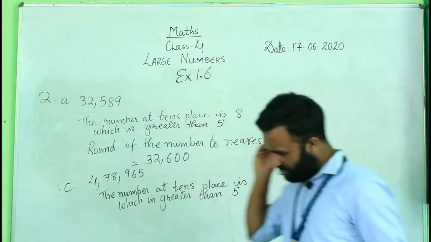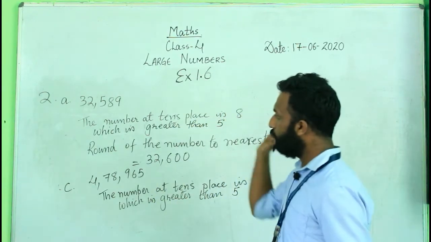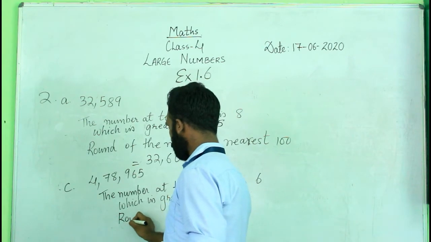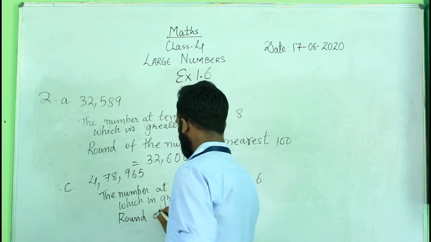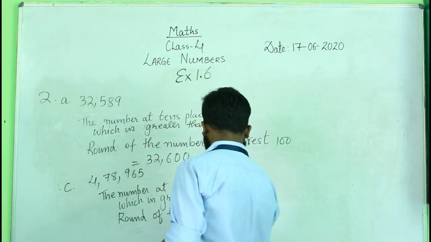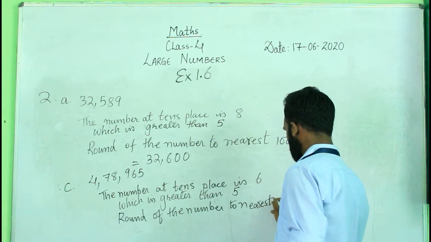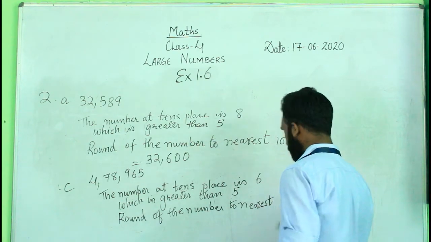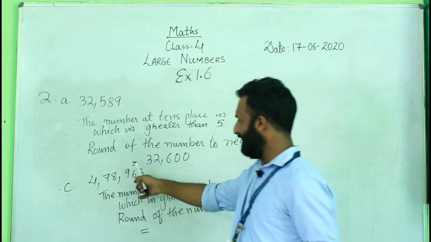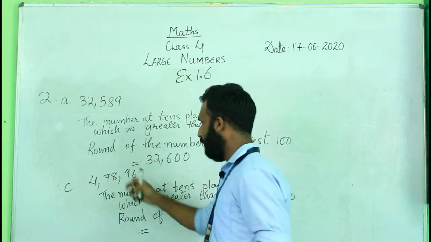Whenever the number is greater than 5, or as I have told you, equal to 5, we will change the numbers here. So the round of the number to the nearest 100 will be, as I told, we change the ones and the tens place to 0 and add 1 to the 100 place.